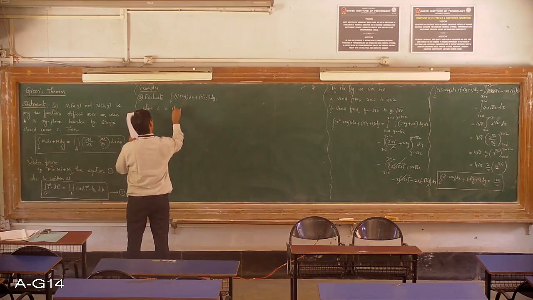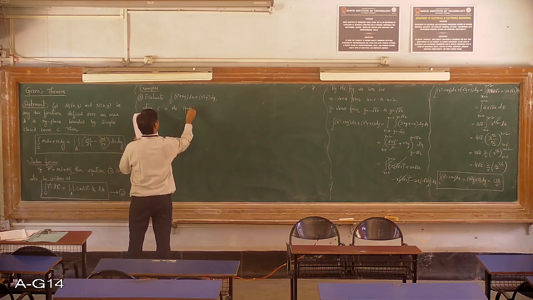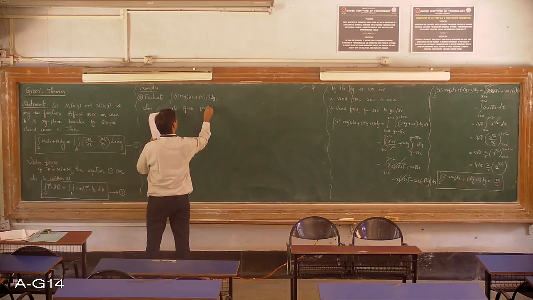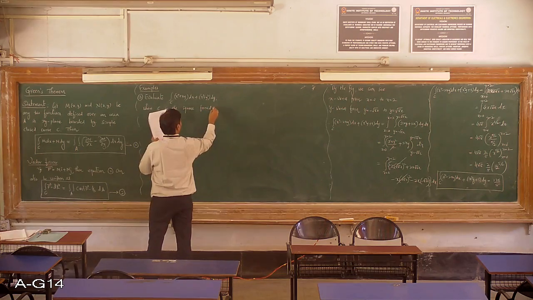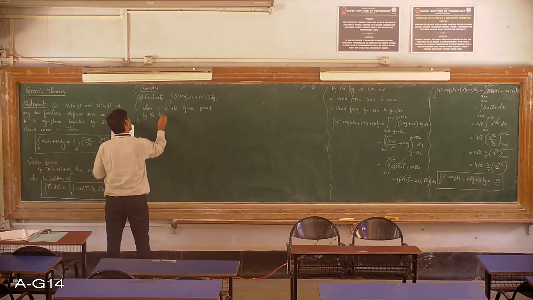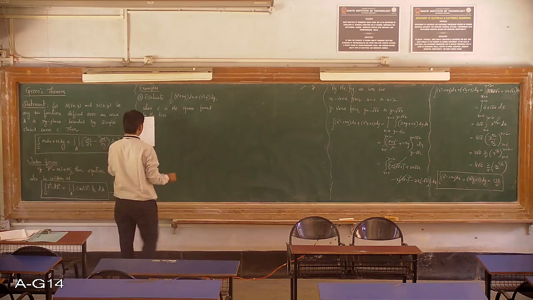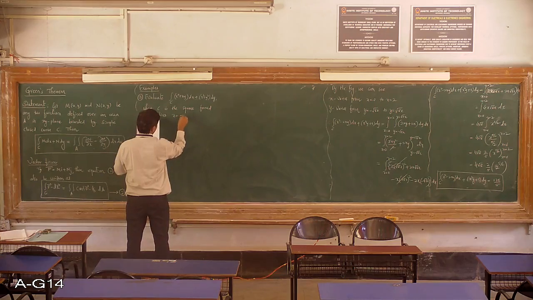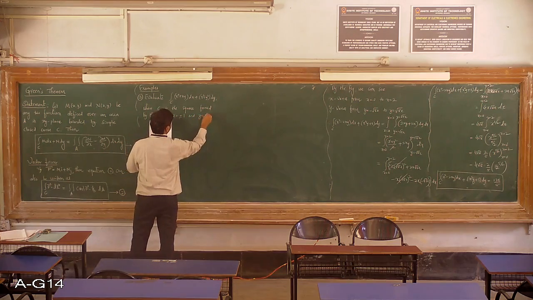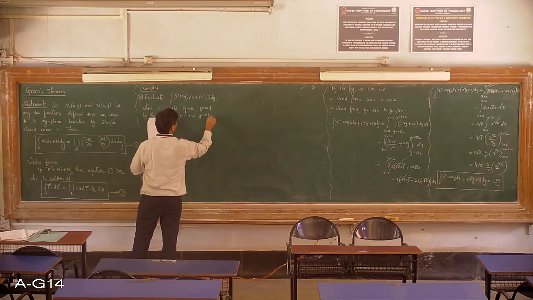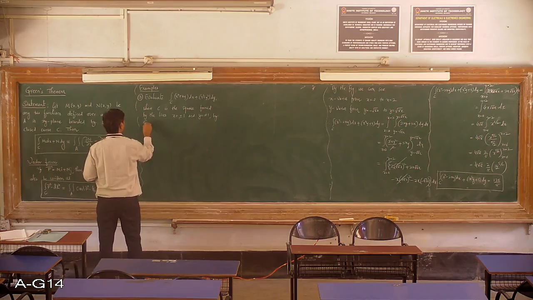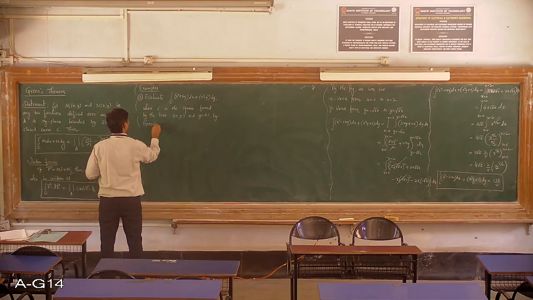the square formed by the lines x equals plus or minus 1 and y equals plus or minus 1, by Green's theorem.